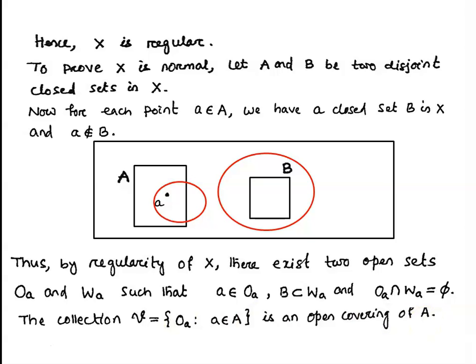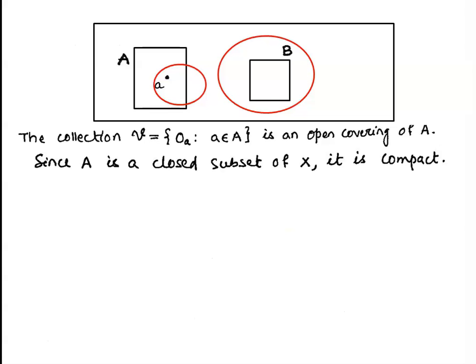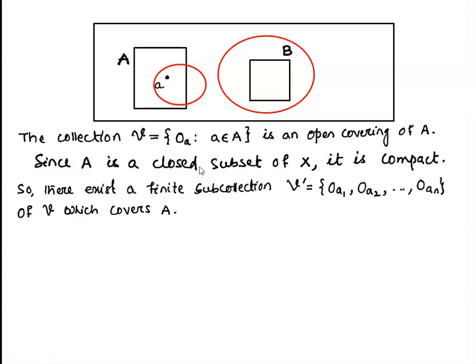Now A is a closed subset of X, so it is compact, because we know that a closed subspace of a compact space is compact. Since X is compact and A is a closed subset of X, A is compact. And this collection is a collection of open sets which covers A. Since A is compact, it has a finite subcollection.